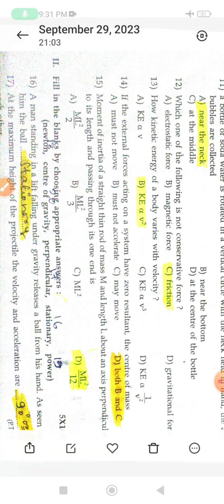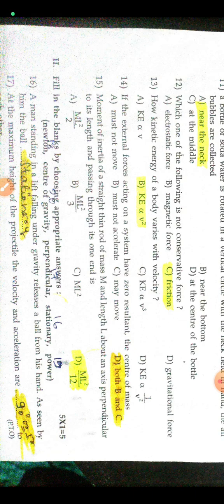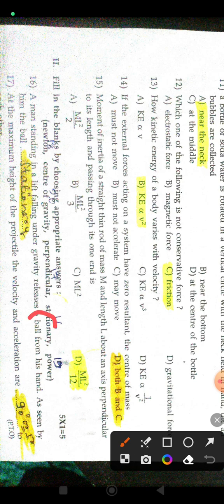Now see. A man standing in a lift falling under gravity releases a ball from his hand. As seen by him, the ball is stationary. What will happen? The ball is also moving under gravity, and the man in the lift is also falling under gravity.